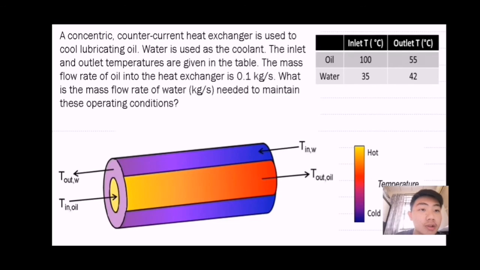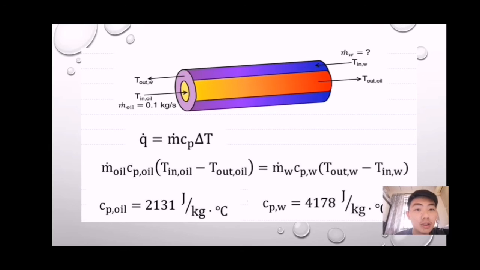This question is actually very simple. All you have to use is the equation of the rate of heat transfer, which is equal to mass flow rate times the specific heat constant times delta T, the difference between two temperatures. Theoretically, the rate of heat transfer of oil is equal to that of water, so we can get the second equation, written below.